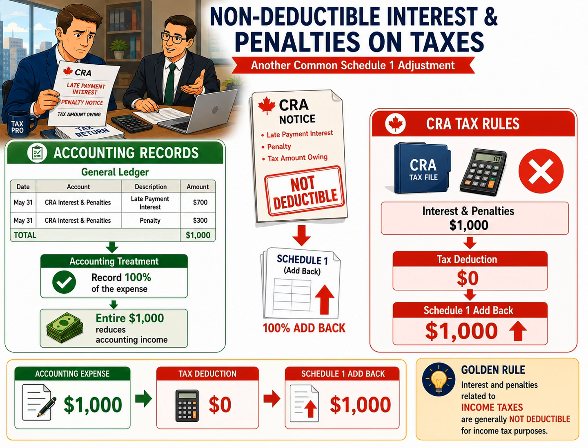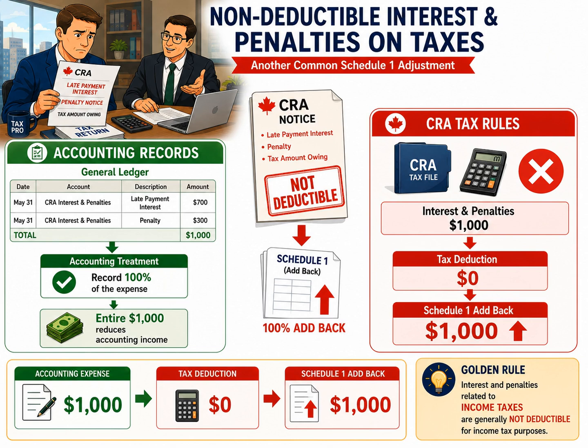Instead, the entire amount must be added back on Schedule 1 when calculating the corporation's taxable income. Notice how this adjustment works. The accounting records reduce income by $1,000, but the tax rules reverse that reduction by adding the full amount back. This increases the corporation's taxable income by $1,000.